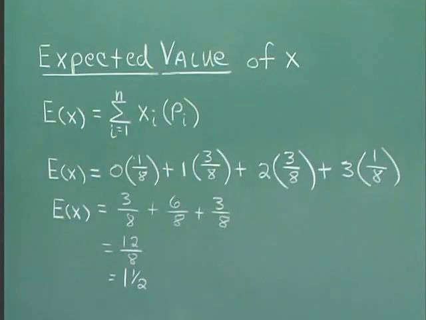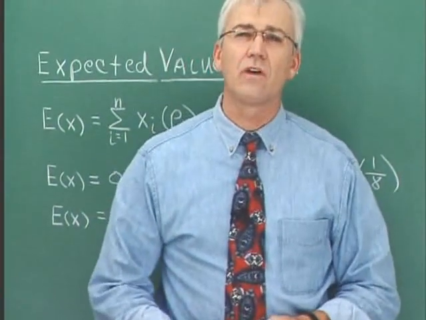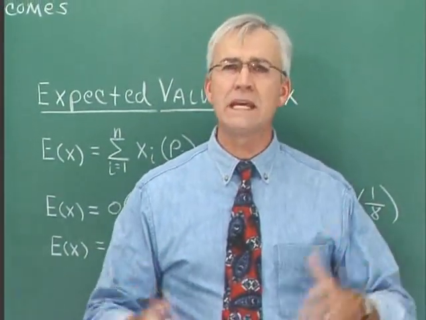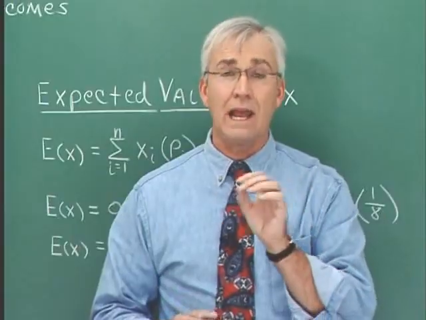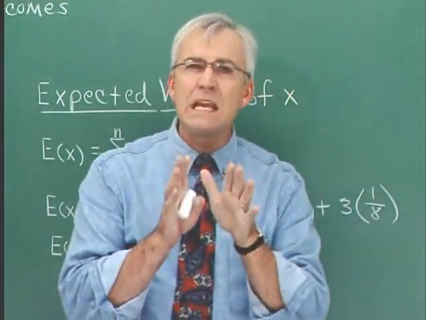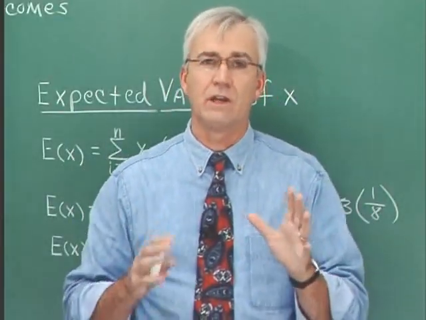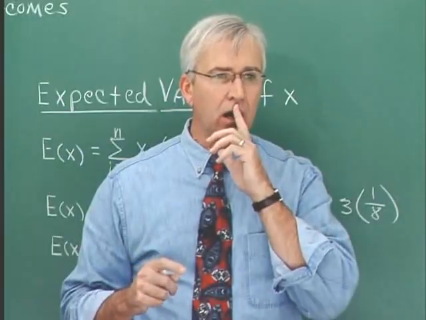Now, the expected value of x is a calculation I can describe as the mean for x values, the mean number of heads that we're going to have in this entire experiment.